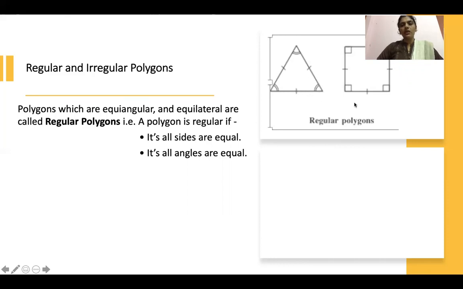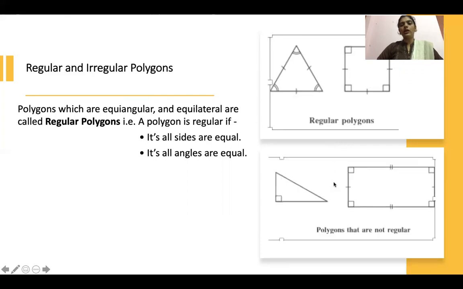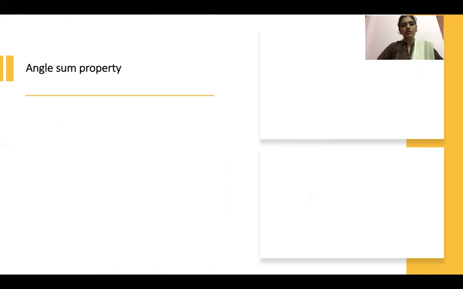Similarly in square we have sides as well as angles equal, so it is also a regular polygon. And polygon which is not regular is called irregular polygon. Now, as we know that square is regular polygon, but why rectangle is not a regular polygon? Try to find the reason on the basis of our discussion.